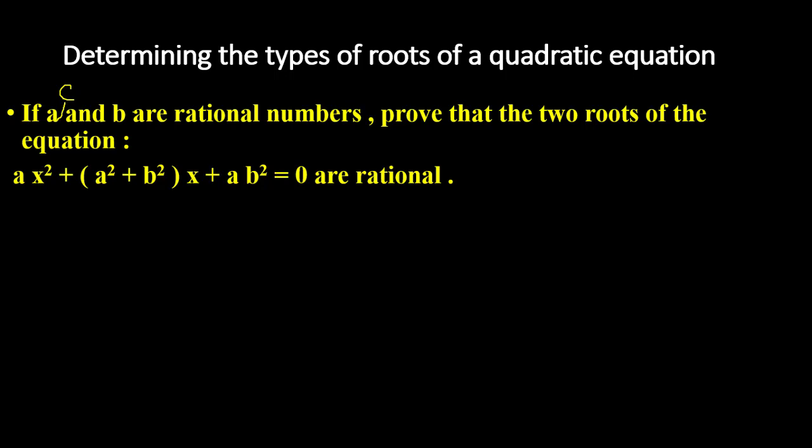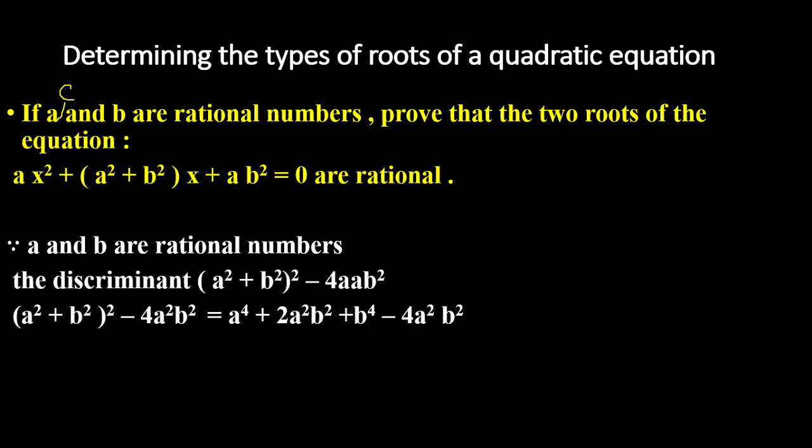So I'll calculate the discriminant at first. Okay, the discriminant here: b power 2 minus 4 multiply a multiply c, with the coefficients given in terms of a power 2 and b power 2.